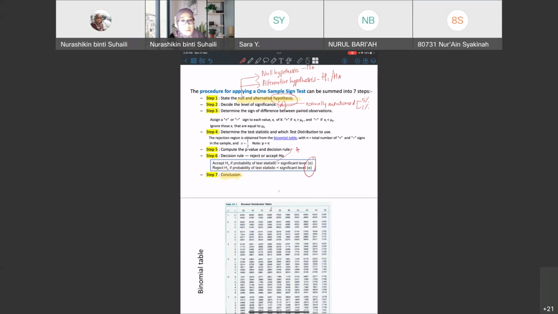That's why you need to know the value of alpha. These two conditions are what you refer to in order to make a decision. What kind of decision? Whether to accept or reject the null hypothesis. For example, if the probability of the test statistic, the p-value, is greater than alpha, then you accept the null, and the other way around.